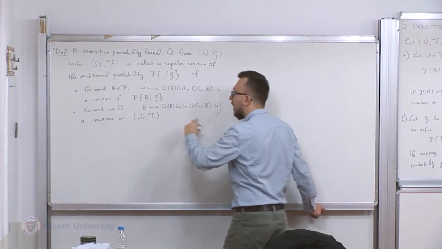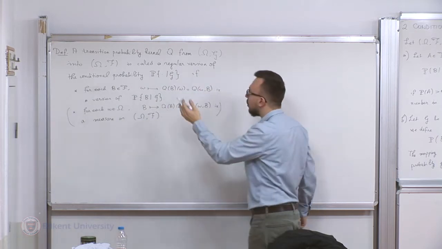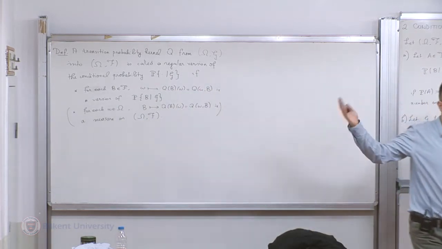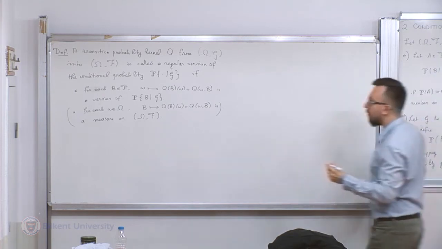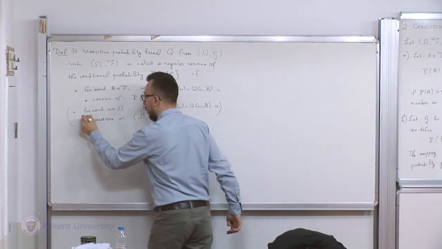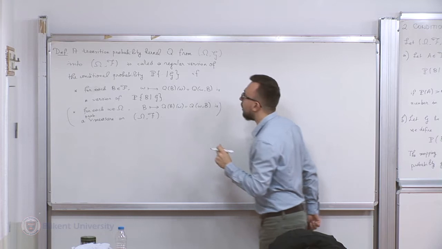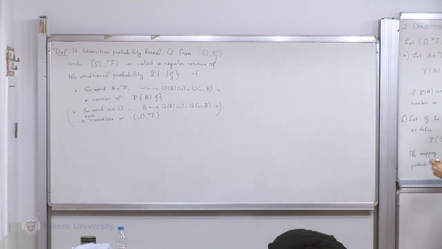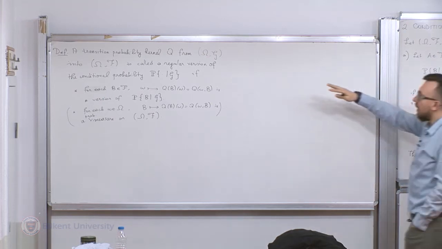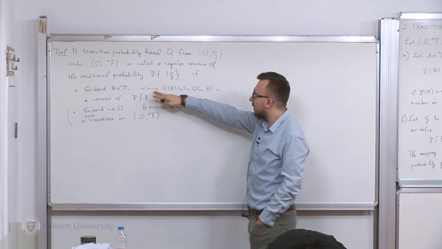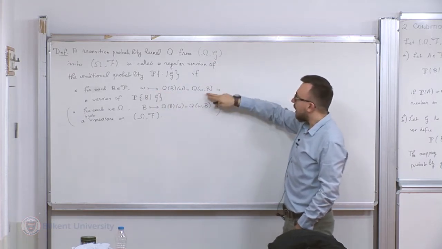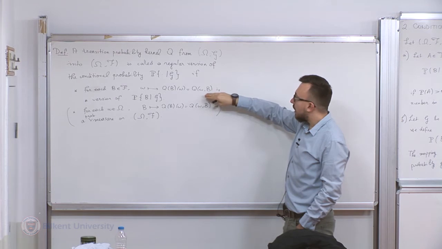Well, this I don't need to write because this already comes from the fact that it is a transition probability kernel. It is even a probability measure. So being a transition probability kernel means what? As a function of omega, this is a G measurable random variable, but this is not enough.